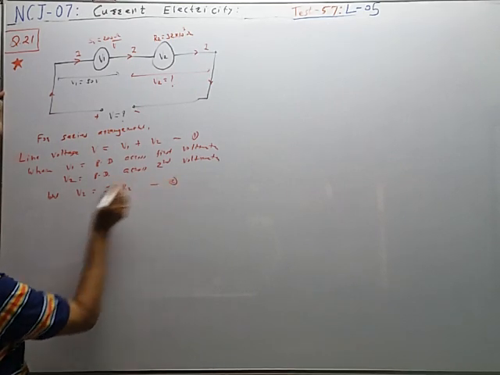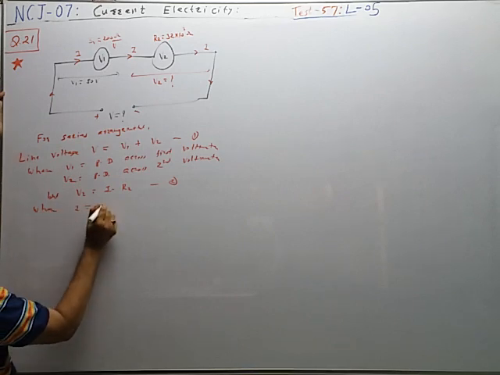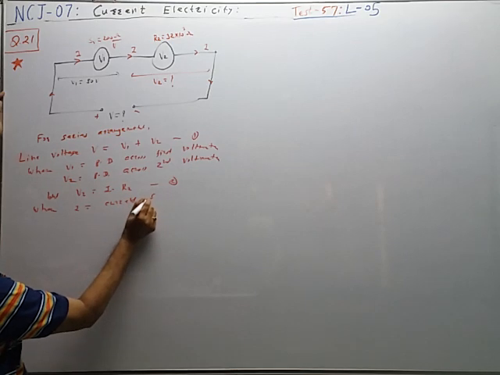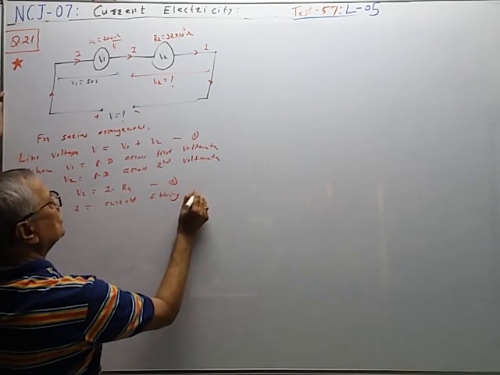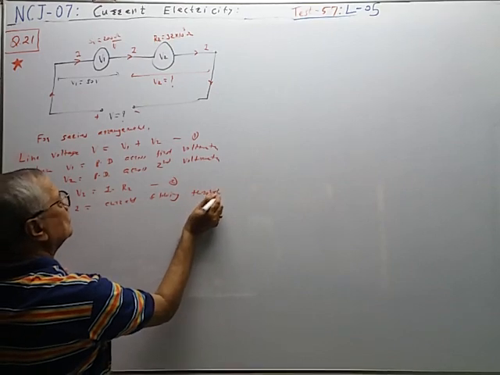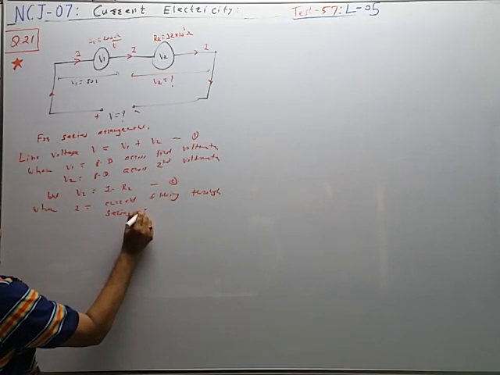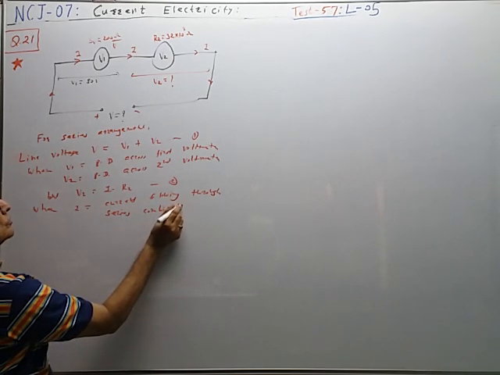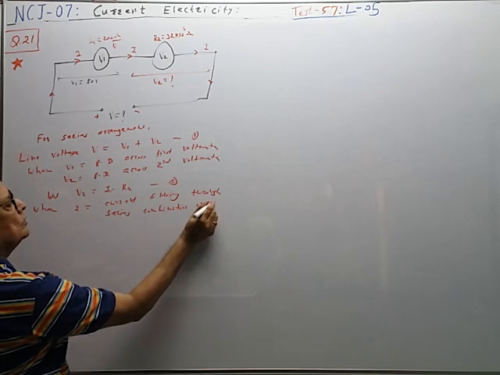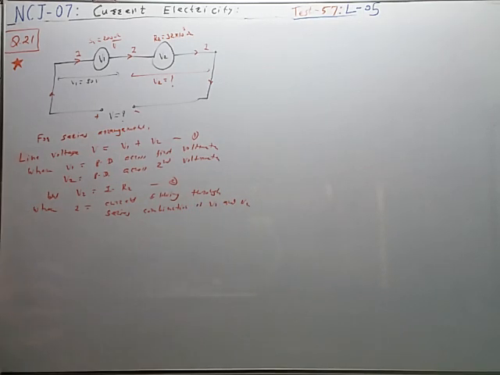This is equation second, where I is equal to current flowing through series combination of V1 and V2. In series the current remains the same.